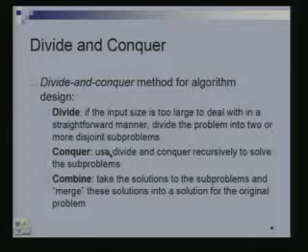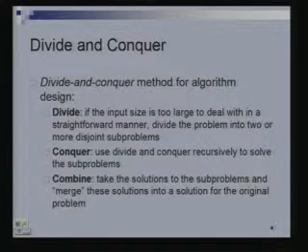Today we are going to see another algorithm, and the algorithm design paradigm that is used here is called divide and conquer. Some of you might have seen divide and conquer in your earlier CS course. Basically, given a certain problem, to solve it you first divide the problem up into two or more parts.